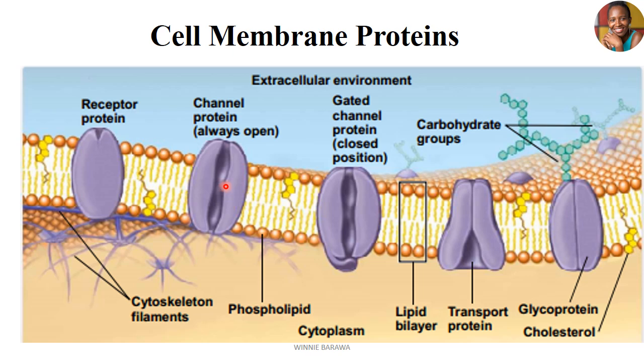They do not have to be stimulated to open to allow materials to pass across. And then we have the gated channel proteins, which are normally closed. And I hope you can see the gate down here. So this is the gate that has to open to allow materials in and out. And then we have the transporter proteins that allow materials to be transported. And this is the one that actually facilitates active transport and also facilitated diffusion.